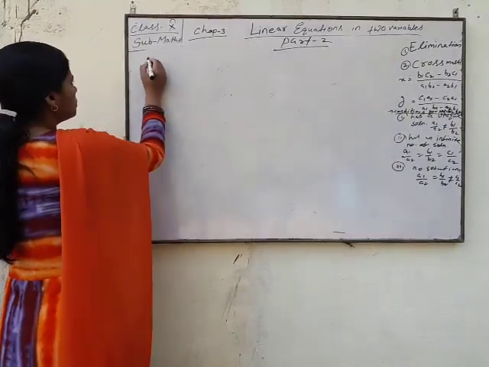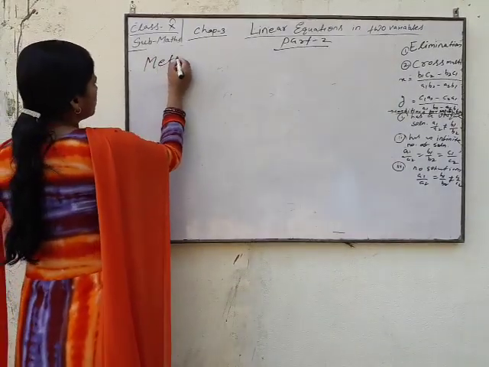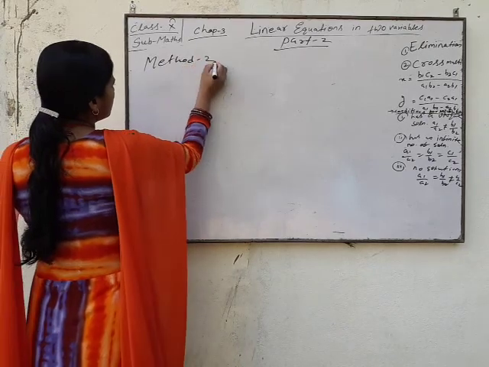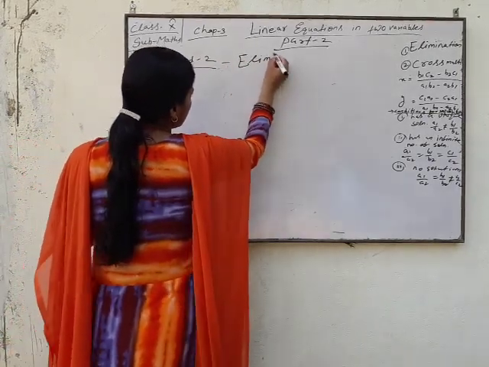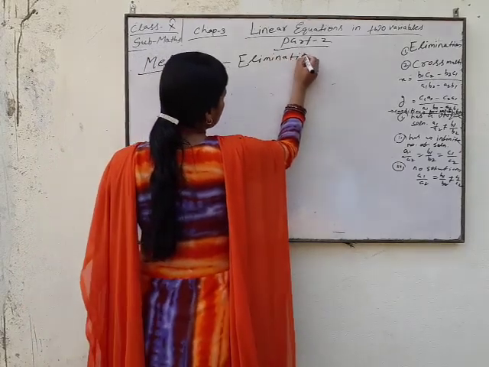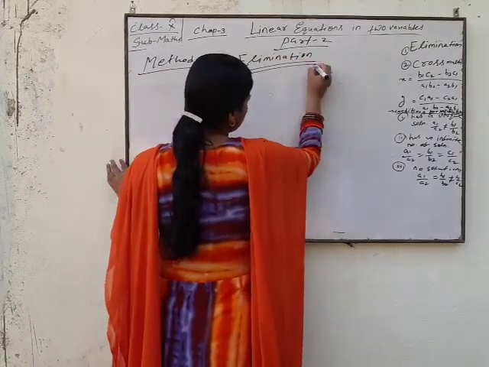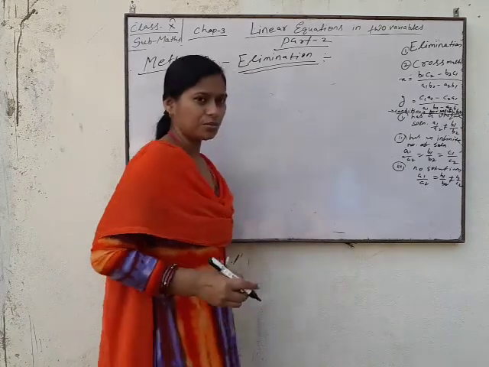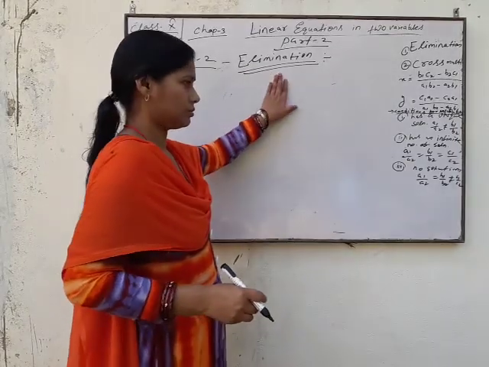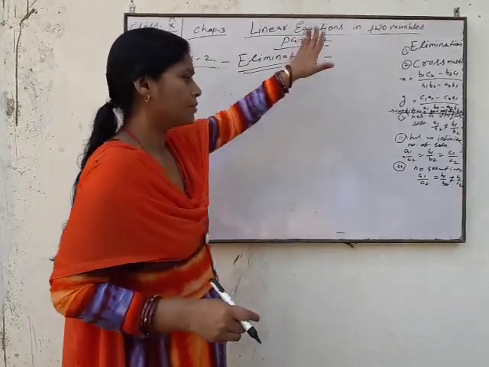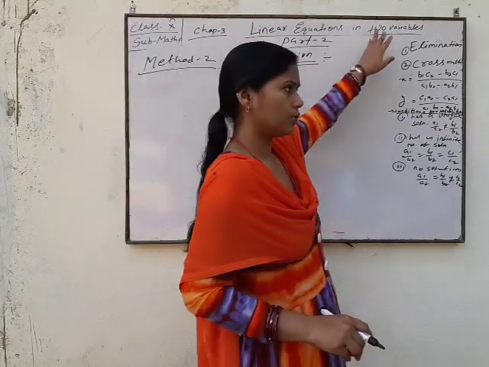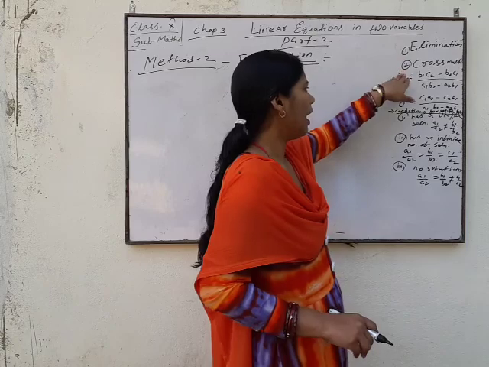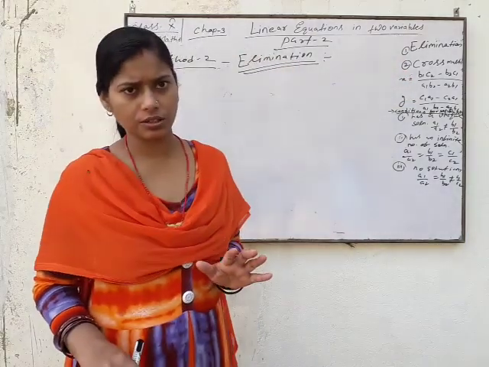Method 2, elimination method. This elimination method is a very easy method out of these three methods: one is substitution, second is elimination, and third is cross multiplication.